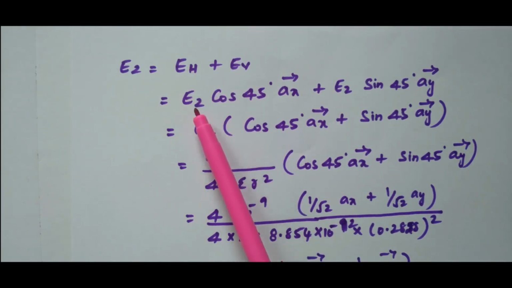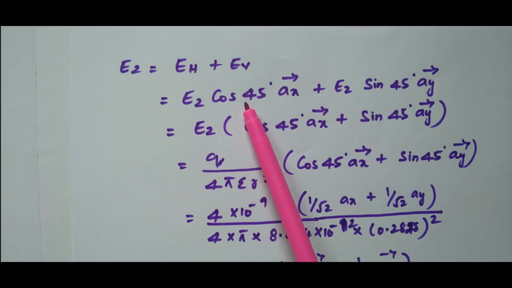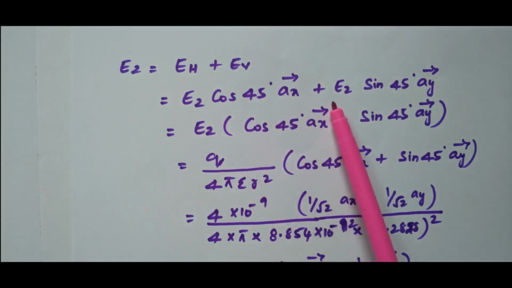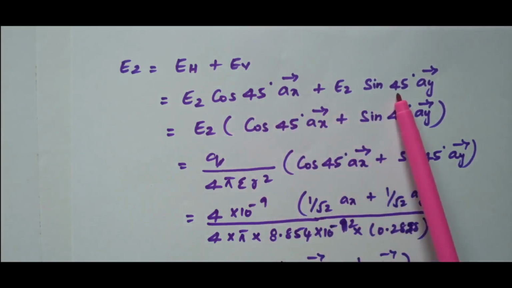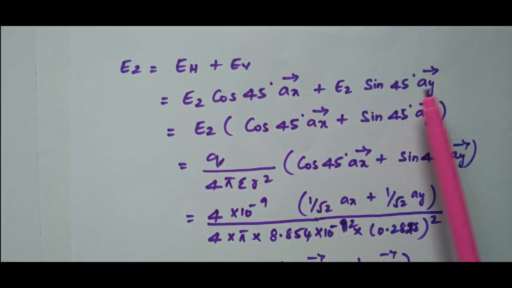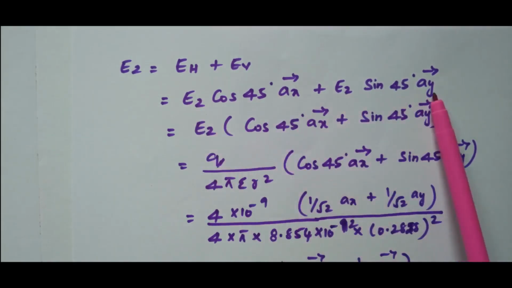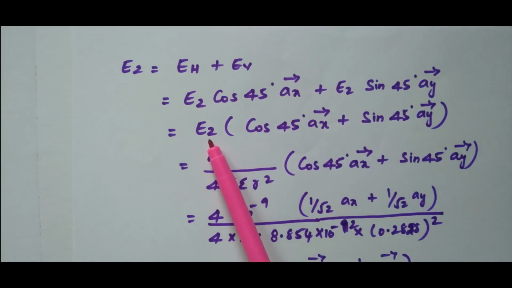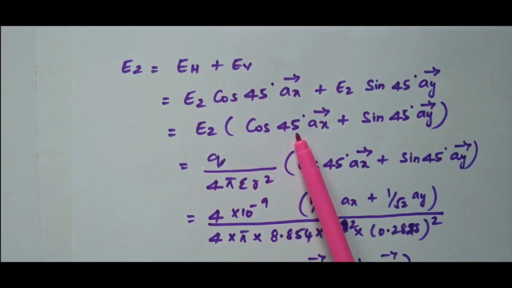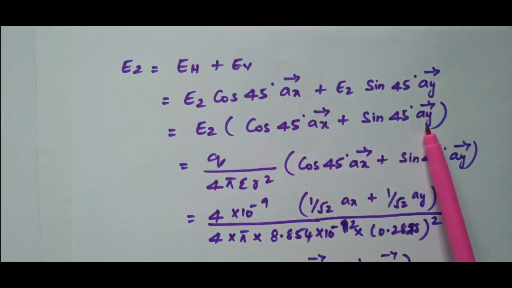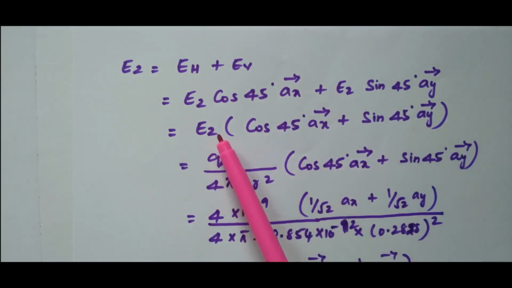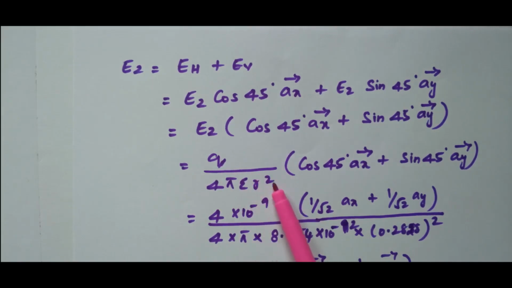Horizontal component is E2 cos 45 AX vector plus E2 sin 45 AY vector. Taking E2 outside, we have cos 45 AX plus sin 45 AY. What is E? Q divided by 4 pi epsilon r square, where r is already calculated based on the Pythagoras theorem, into cos 45 AX plus sin 45 AY.